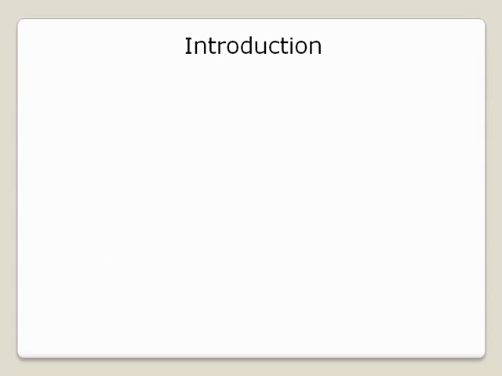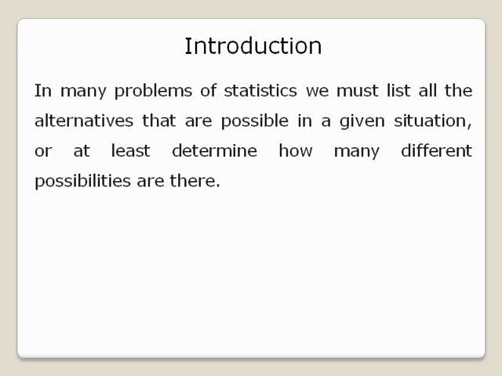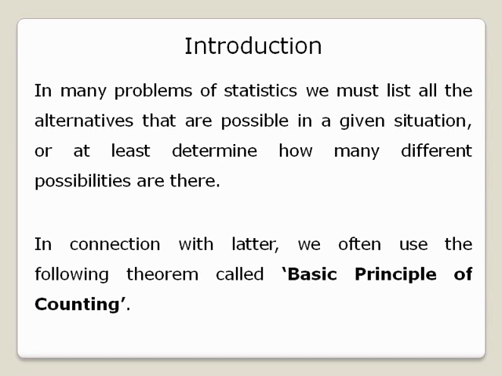Let's look at an introduction first. There are problems in statistics and also in the real world where we want to find the total number of possible ways that a certain task can be performed. Say for example, if you want to find a password which contains 8 characters and it can have an uppercase letter, a lowercase letter, a numeric character and also a special character.